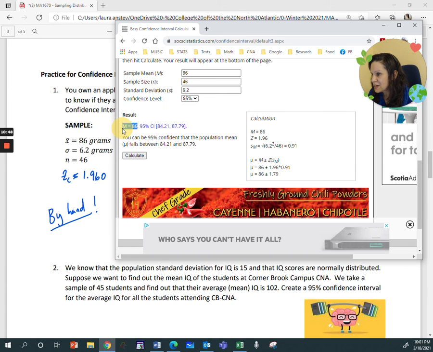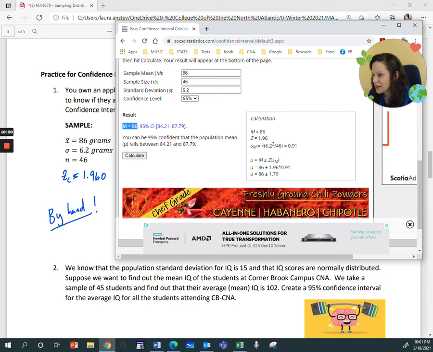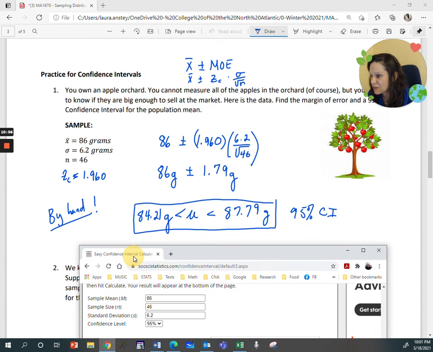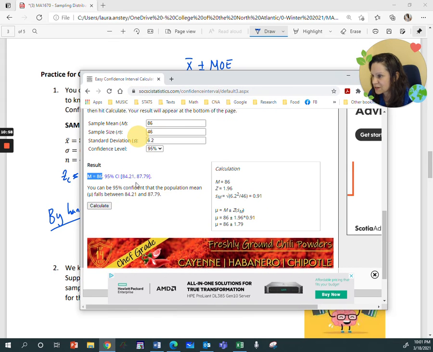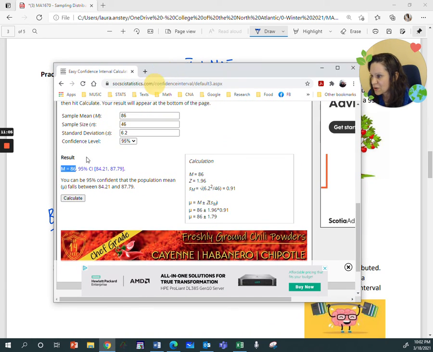Mean is 86 and a 95% confidence interval: 84.21. Look at this. Aren't we smart? And then the upper limit is 87.79. You can be 95% confident that the population mean falls between those two numbers.